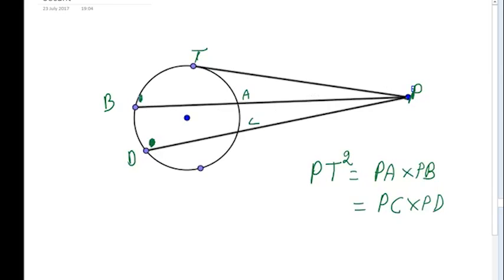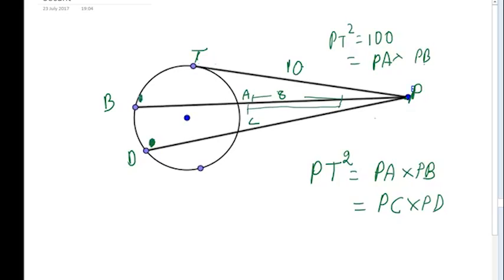So if there is a point and we have a tangent here, then let this tangent length be 10 and this length PA be 8, from here to here, then you can find AB. PT square, which is equal to 100, is equal to PA multiplied by PB, or the total length.